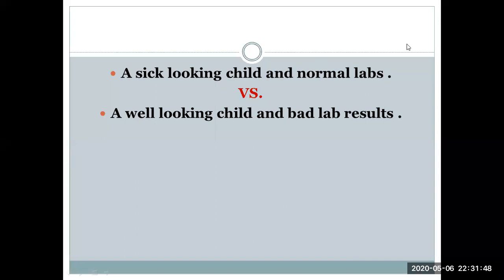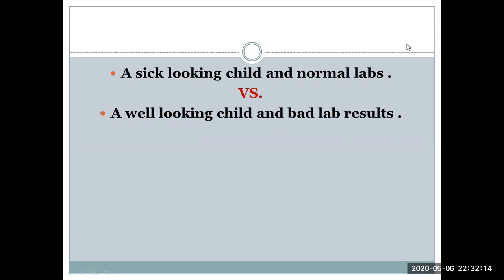But listen to this. If you have a sick-looking child with normal labs, believe the patient. And if you have a well-looking child with bad results of the blood gas or whatever the lab result, believe the bad thing. Always take the worst and go from there, because the patient might be compensated. That's why he's well looking, but the lab results start to decline, and vice versa.